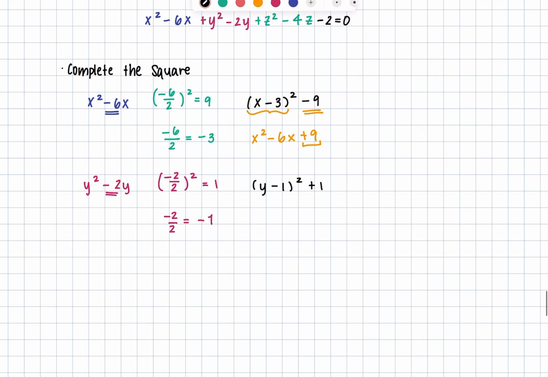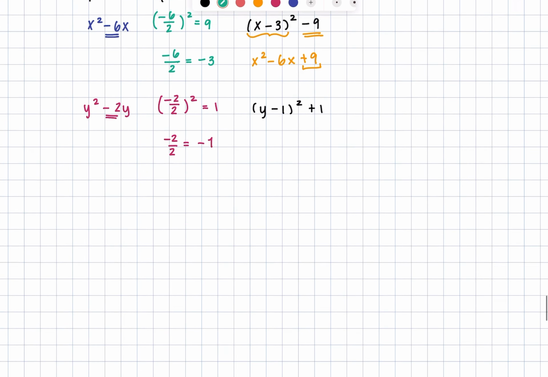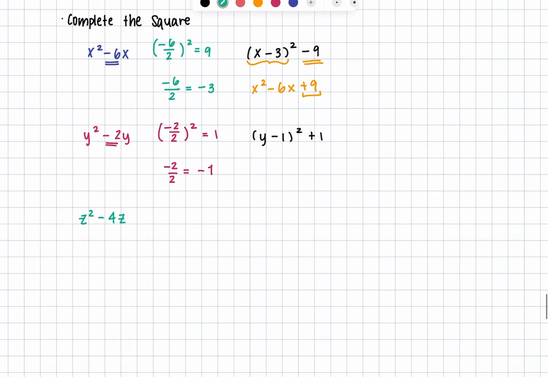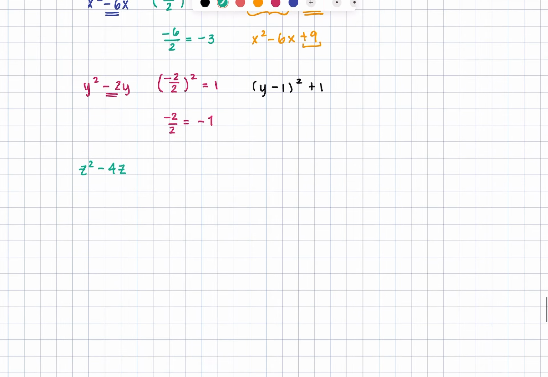Okay, and last but not least is our z value, which is z squared minus 4z. Just double check. Yep, minus 4z. Then negative 4 divided by 2 squared gives me 4, because negative 4 divided by 2 is negative 2, and negative 2 times negative 2 is positive 4.